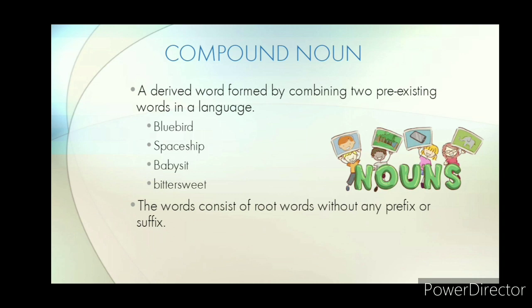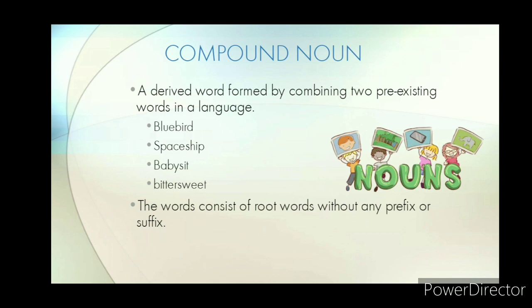And so does bluebird. And then babysit. It consists of baby and sit. Baby is just a baby. Sit is the action of sitting. But it is impossible that the meaning is derived from those two. Babysit here means that you are taking care of the baby.